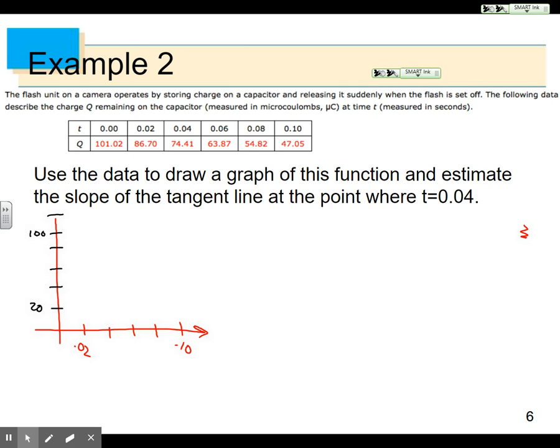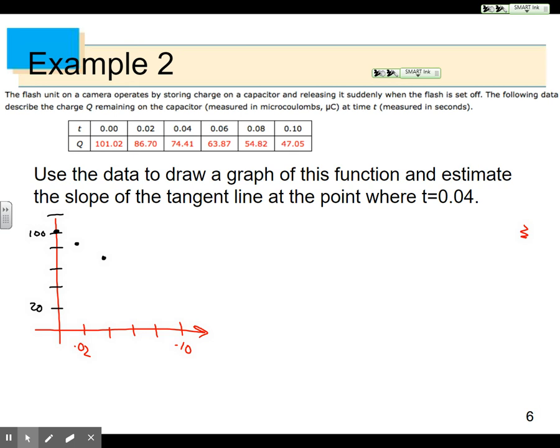Okay, so if I go through and plot all these points, let's see, I've got 0, 101. That's going to be really close to that 100. 0.02, 86: 20, 40, 60, 86. Again, I'm not doing this on graph paper because close enough is going to be good enough. I'm just wanting to show you guys what's going to happen on this graph. 0.04 and 74: 20, 40, 60, 74.